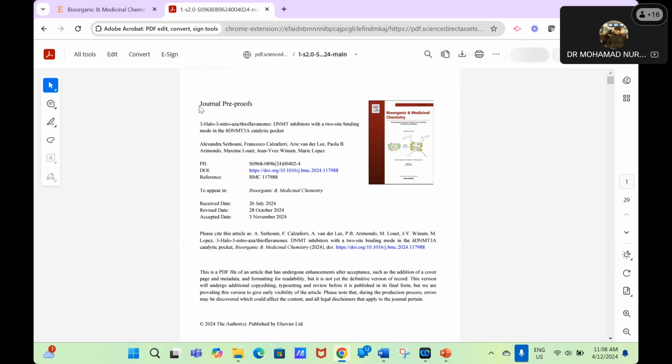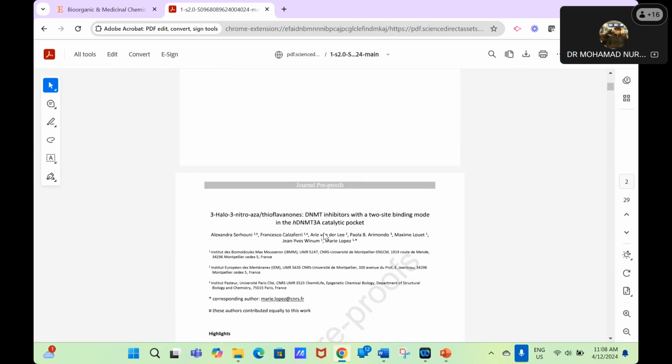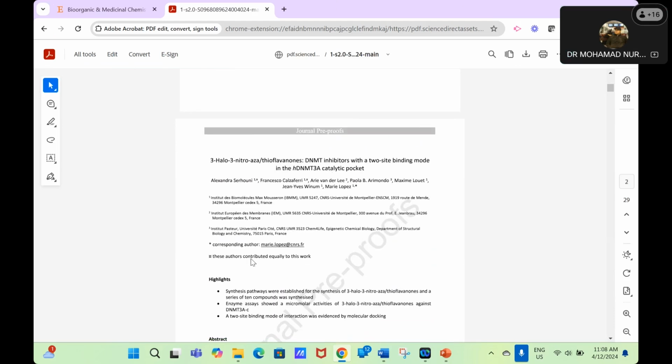This is the pre-proof version of a publication by Elsevier. Normally they will show it like this. This version is very good for you because you can see how the editorial board arranges the paper, and you can follow the style of how they do it.